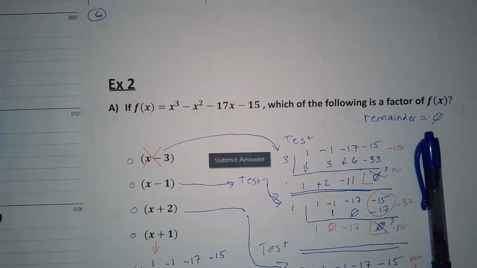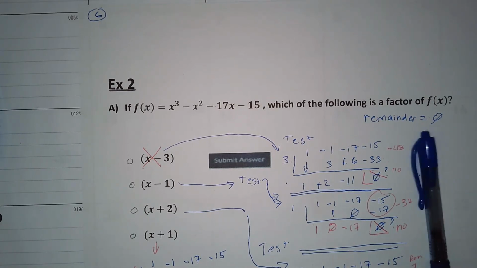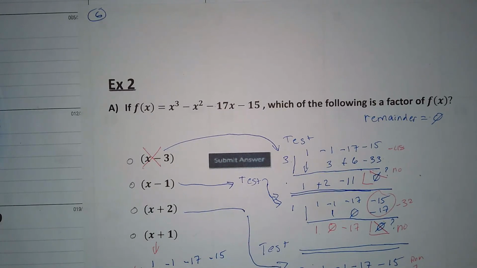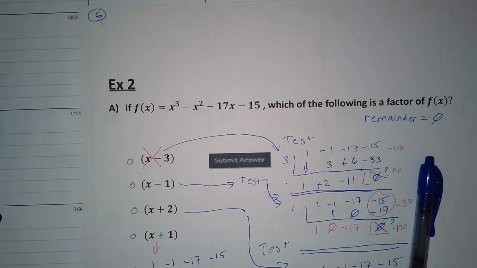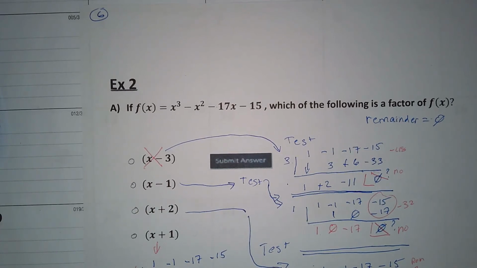All right. So bring down the 1, and negative 1 times 1 is negative 1. Negative 1 and negative 1 is negative 2. Negative 2 times negative 1 is positive 2. Negative 17 minus 2 is negative 15.